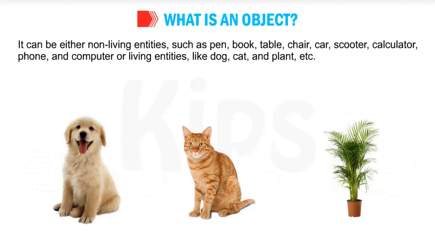And some are living entities like cat, dog, human beings, plants, trees. Everything we call an object in Java.